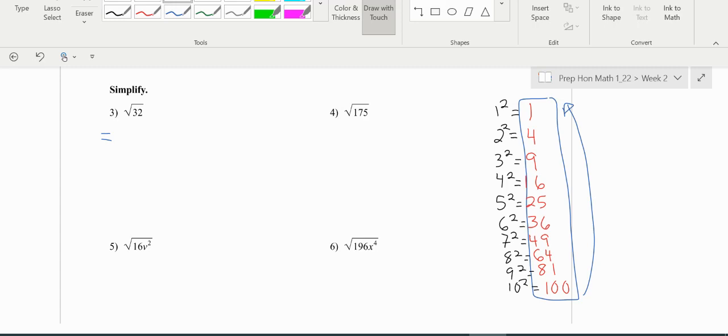So for the square root of 32, I'm going to break it up into two numbers. I could see 100's too big, 81's too big, 64, 36, 25. 32 divided by 25 is a decimal. But it actually works out, 16 does work, right? So 32 is divisible by 16. We could break this up into 16 times 2.